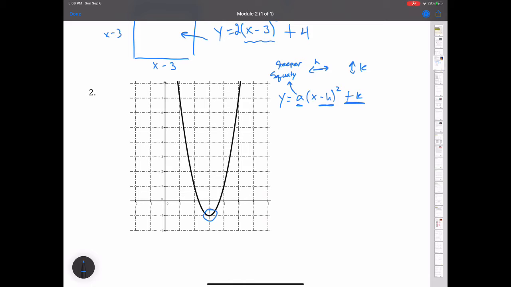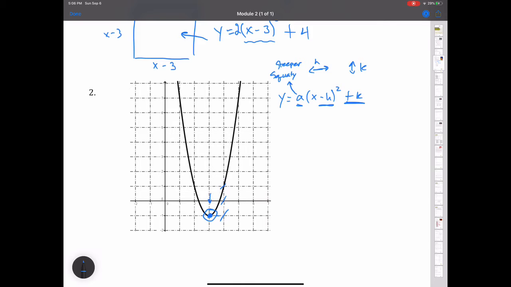There we go. So this one, typically an x squared would be from the origin over 1 up 1, over 2 up 4, right? That's what our typical x squared graph is from the origin. But in this case, what we observe is that we actually go over 1 and then up 2 instead of over 1 up 1.